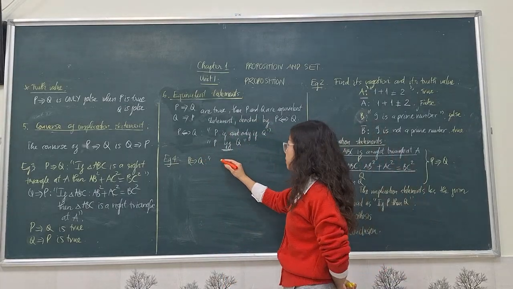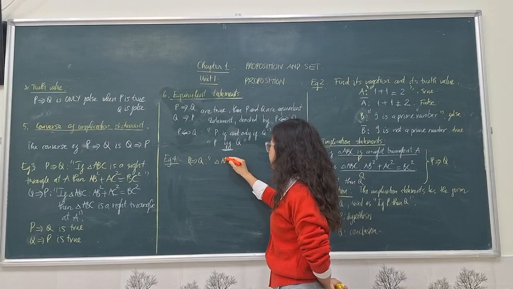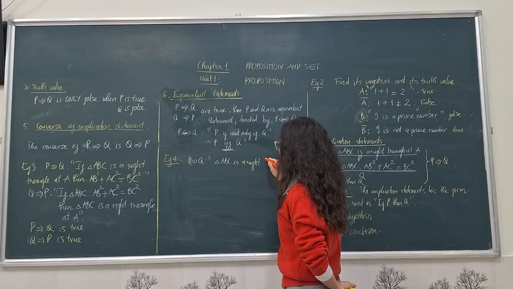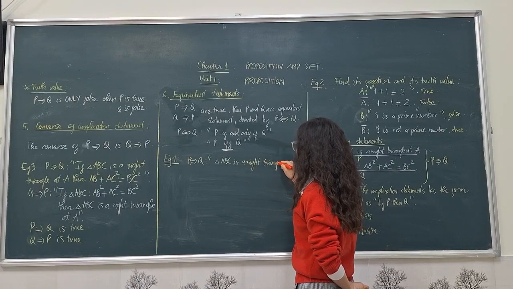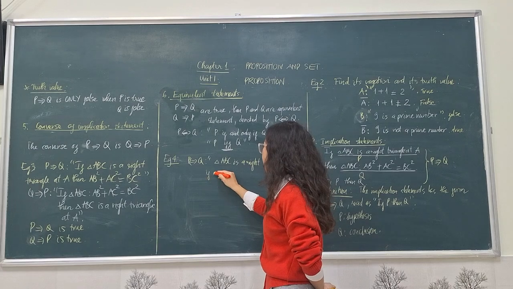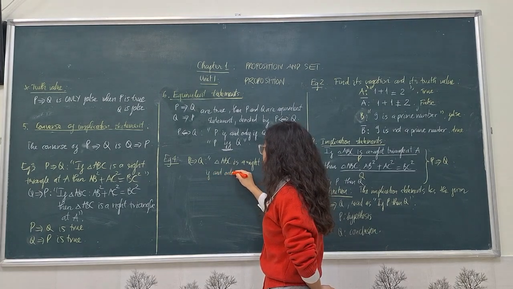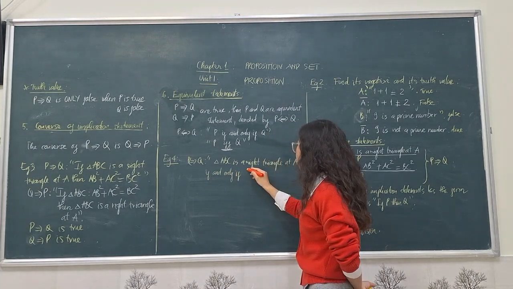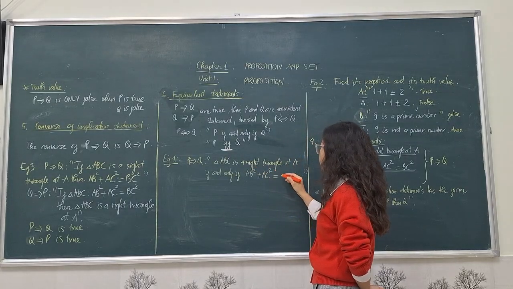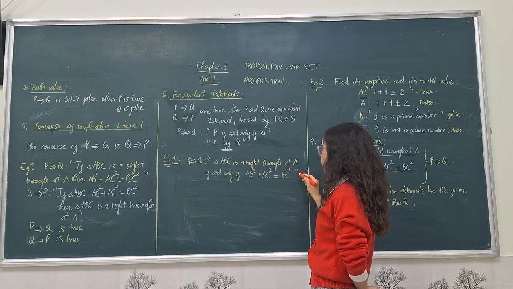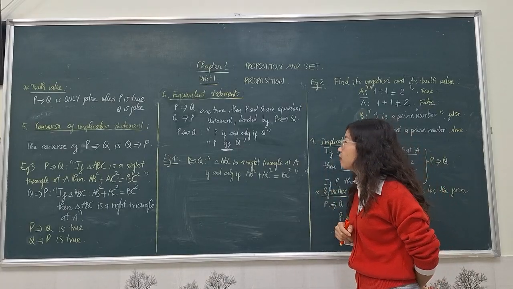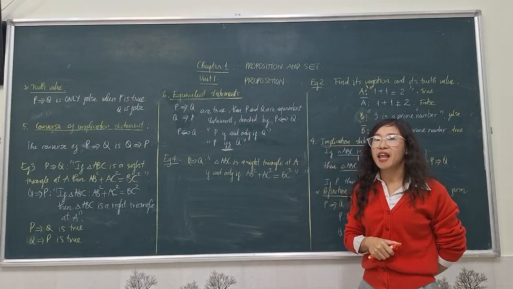We have triangle ABC is a right triangle at A if and only if AB squared plus AC squared equals BC squared. So that's my sign. Now let's move to the last question.